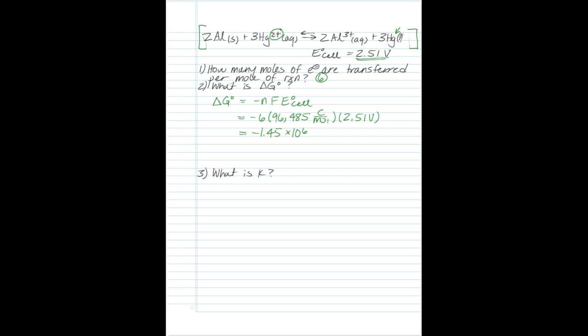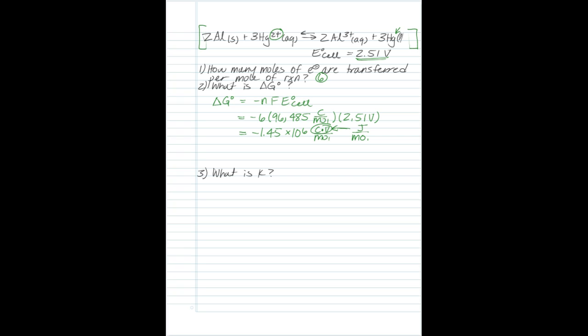And let's talk about units. If we combine our units, we would get coulombs times volts per mole. It turns out that coulomb volts are the same thing as joules, which makes sense because a coulomb is charge and volts are the cell potential, and if you multiply those together, you would get the work done, which has units of energy.